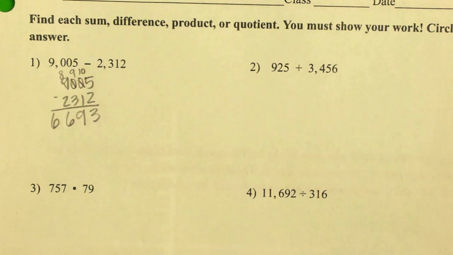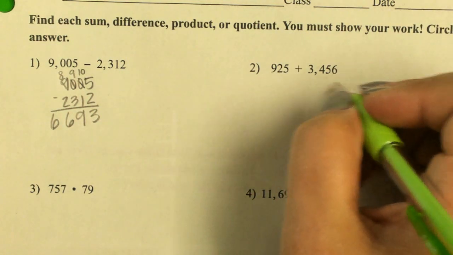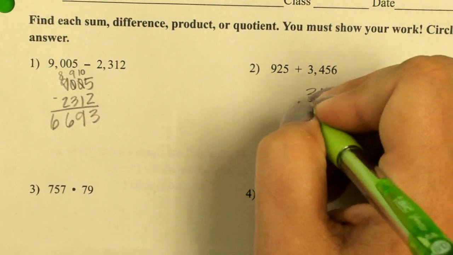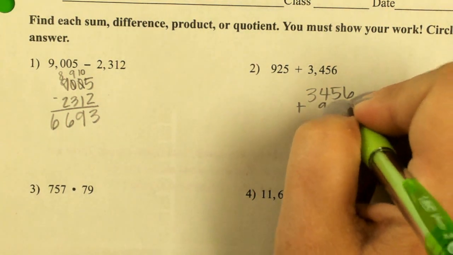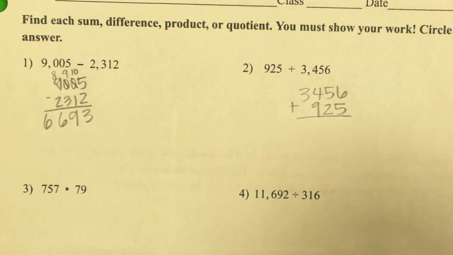Number 2. Can I change the order of addition? Yes. Would it make sense for me to change the order of these? Yes, it's going to be a little more friendly. If I'm adding, I'm going to start with my largest number, just because it's easier to line up. You could put the 925 on top, but to me it's a little bit easier starting with a larger number.